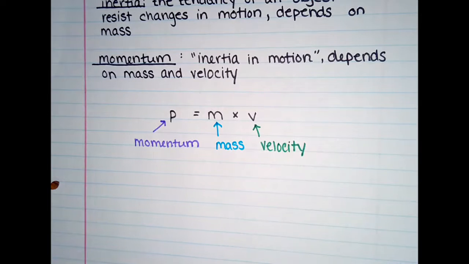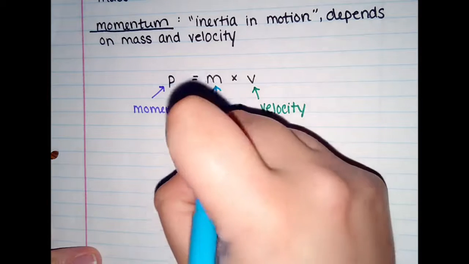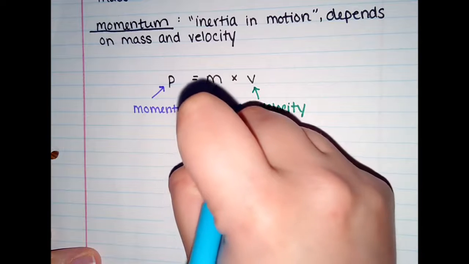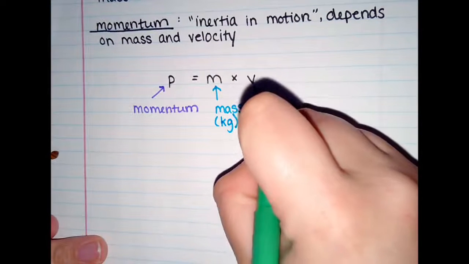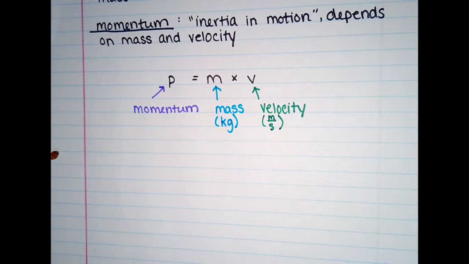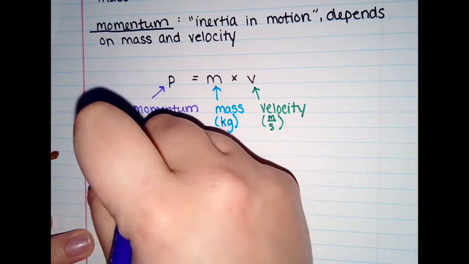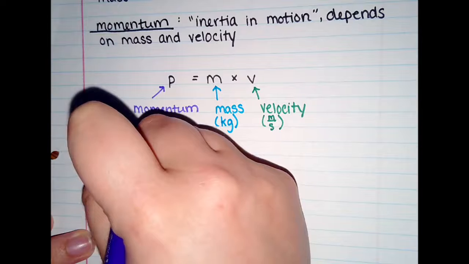Now if we look at units here, in our force unit, we've been measuring every mass in kilograms. Velocity has been meters per second. So when you multiply those together, you're going to end up with kilogram meter per second.